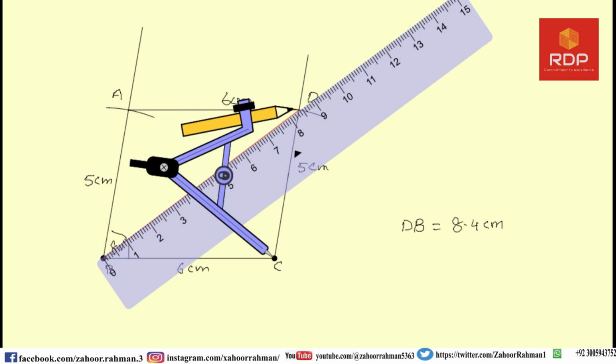To be very precise, if you are multiplying it, it will be equal to 16.90 centimeter, and that will be the original answer. You can check that answer as well.